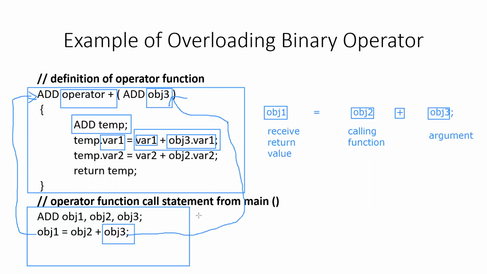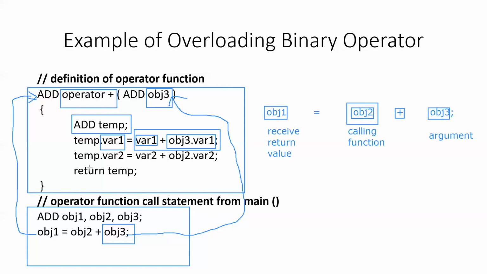Which object does it belong to? When we do not use the dot operator in front of the data member, that means it belongs to the object that has called the operator function. And which object has called the function? This one.